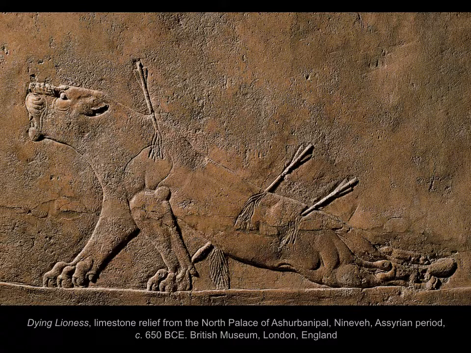Since the lioness is only lightly etched out of the surface of the limestone, it is in bas-relief, or low relief. As a relief image originally on the wall of an Assyrian palace in ancient Mesopotamia, the viewer would have seen this image as part of a larger hunting scene, in which the Assyrian king living inside the palace structure demonstrates his prowess as a hunter and his power over the natural world.